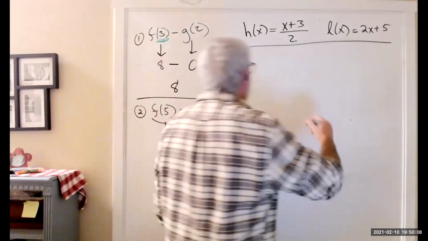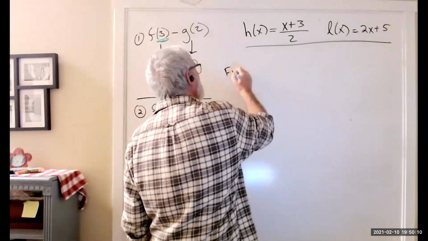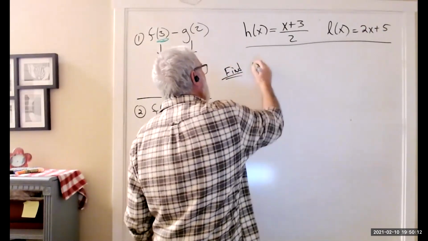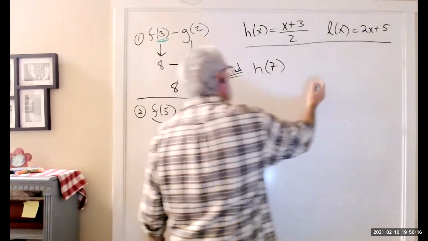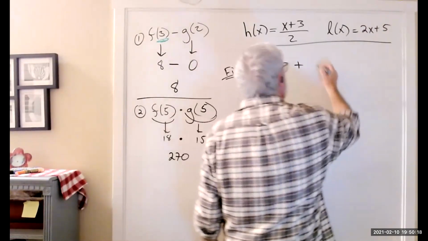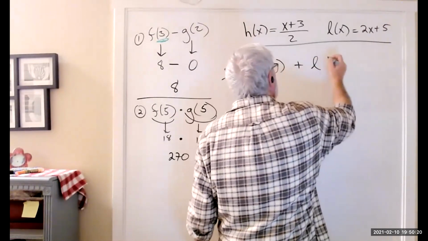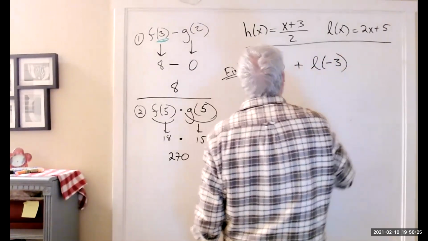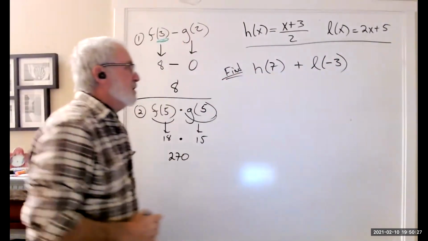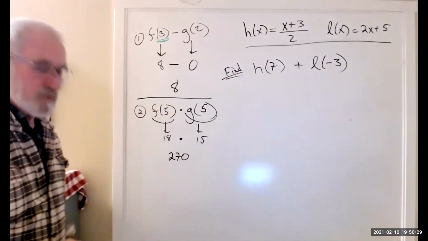Okay, so I want you to find H of 7 plus L of -3. H of 7 plus L of -3.